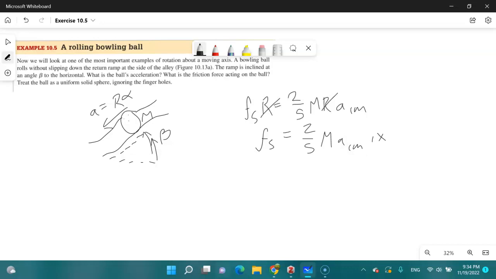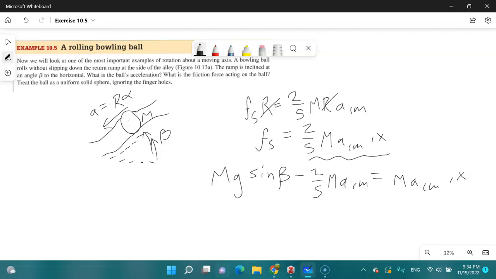Now we have another equation we can use: the weight times the sine of beta, which we didn't finish solving, minus the static friction. The static friction we found is 2/5 the mass times the acceleration in the x direction, so we're left with the mass and the acceleration in the x direction.